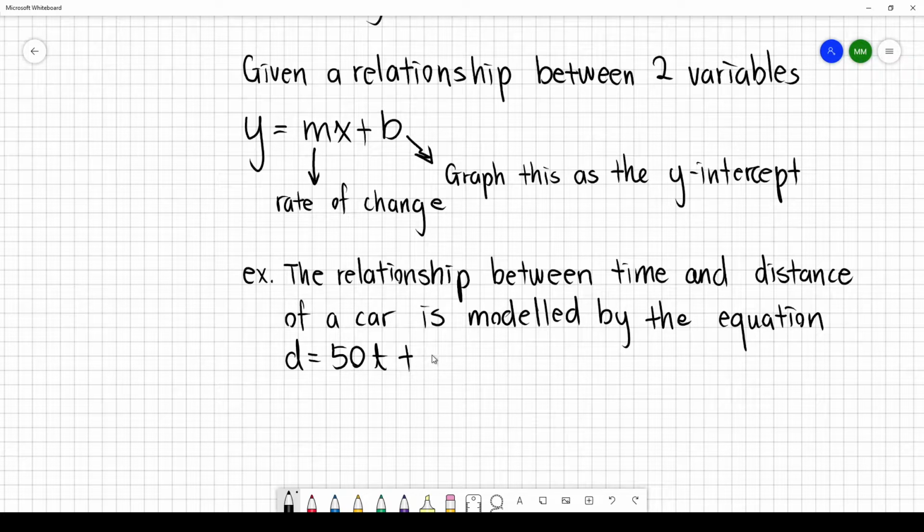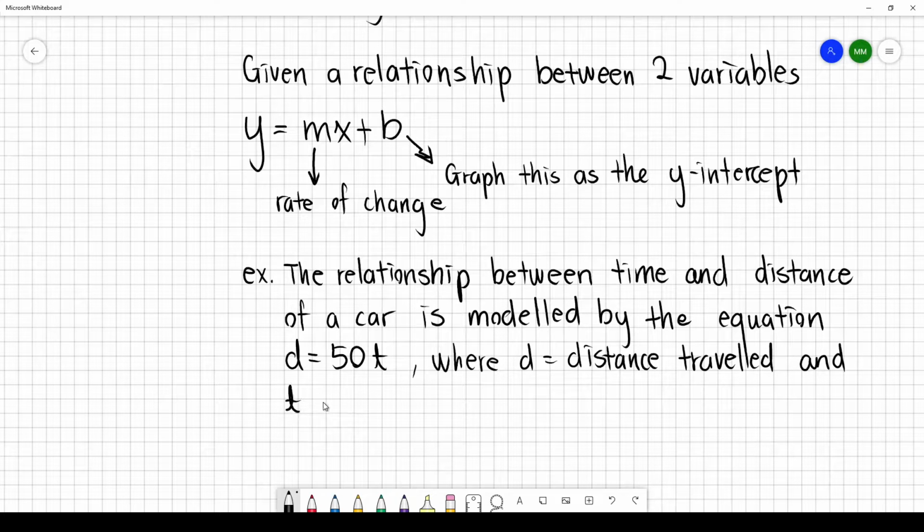Actually, no, just 50t for now. Where d is the distance traveled and t is time traveled. Graph the relationship.